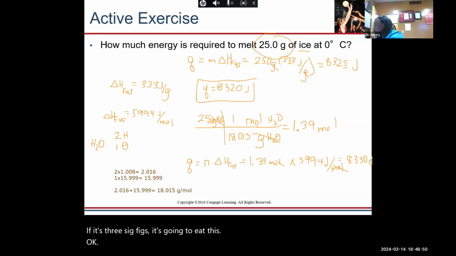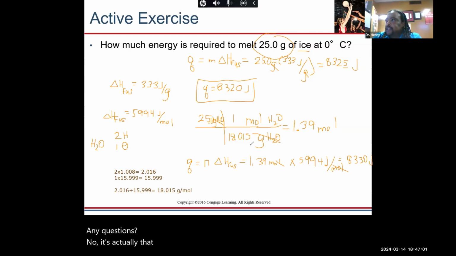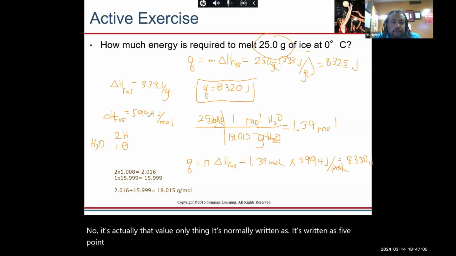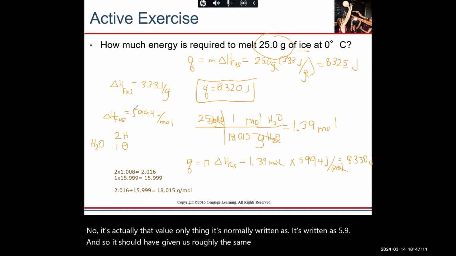Any questions? For that 5,000 number that you first put up there, did you just make that up, or was it from somewhere? It's actually that value. The only thing is it's normally written as 5.99, and so it should have given us roughly the same answer. And then what about the 333? How did you get that?